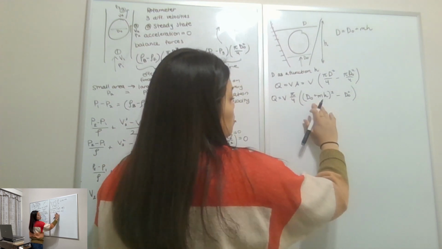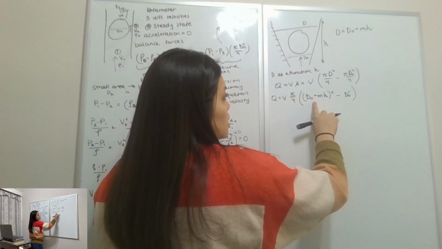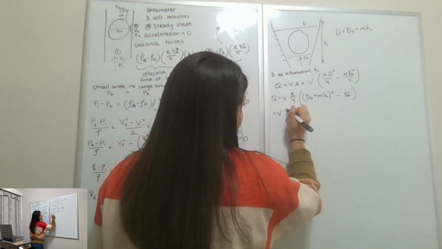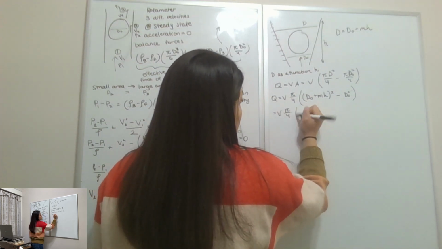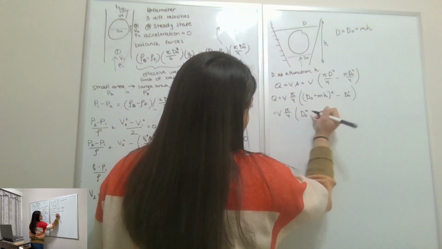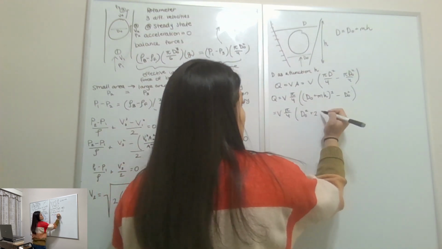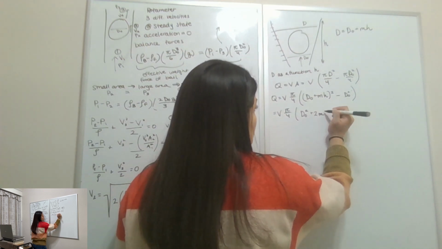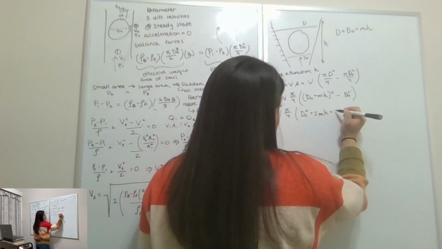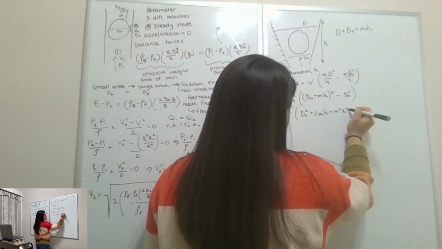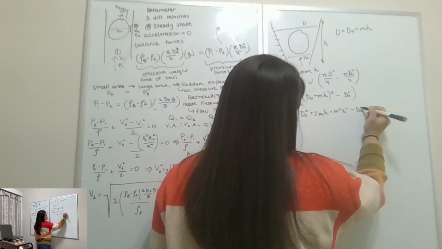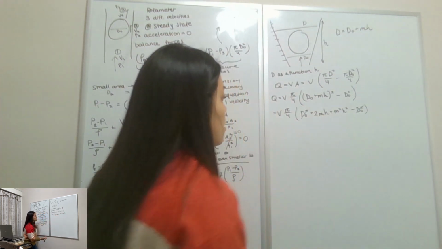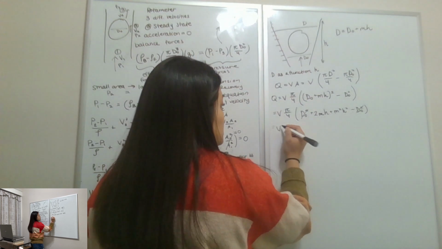If we square the diameter, we have the velocity times pi over 4 times the initial diameter squared plus 2 times the slope times the height plus the slope squared times the height squared, minus the initial diameter squared. The initial diameters subtract and cancel out.